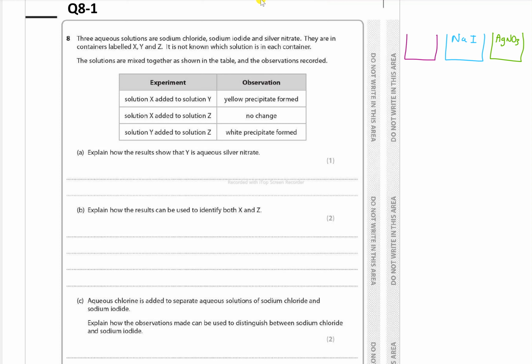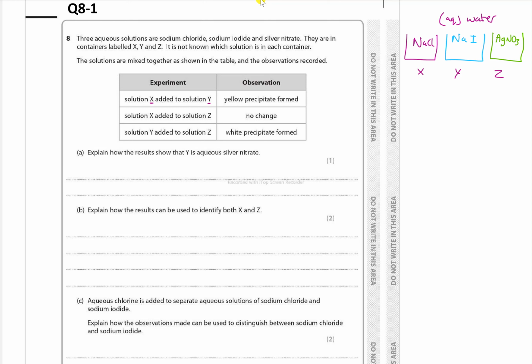And you have sodium chloride. They are all aqueous. That means that they are in water. The solutions are mixed together as shown in the table. So you mix solution X, and we don't know which one's X, we don't know which is Y, and we don't know which is Z.